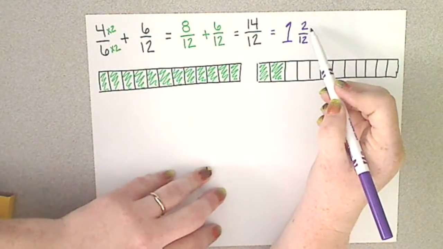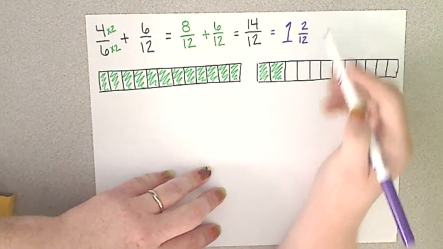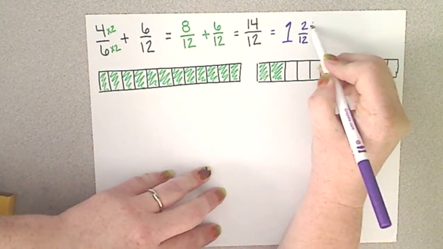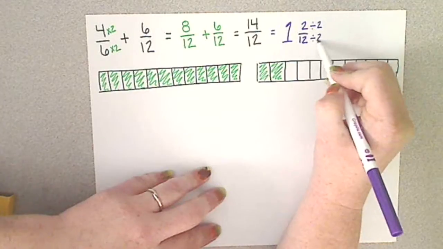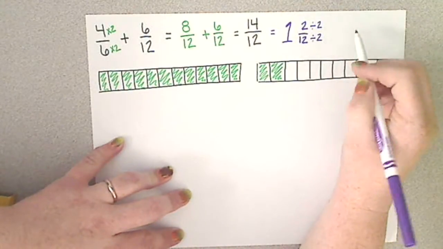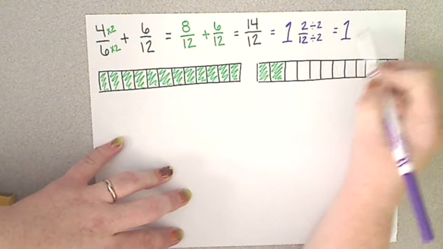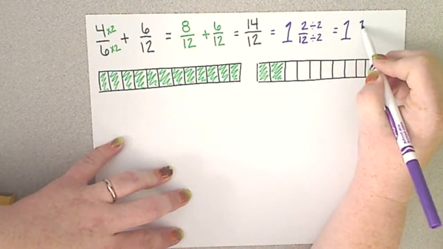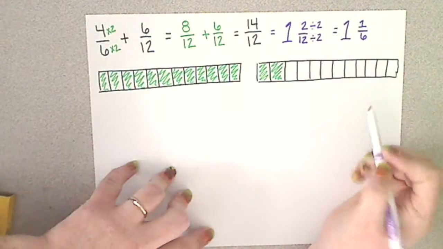And now if I'm remembering my greatest common factor, I can simplify this even more. So I'm going to divide the top and bottom of this by 2, which means that I am left with 1. 2 divided by 2 is 1 piece out of 12 divided by 2, 6.